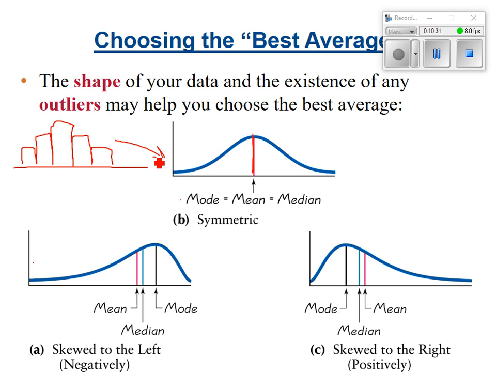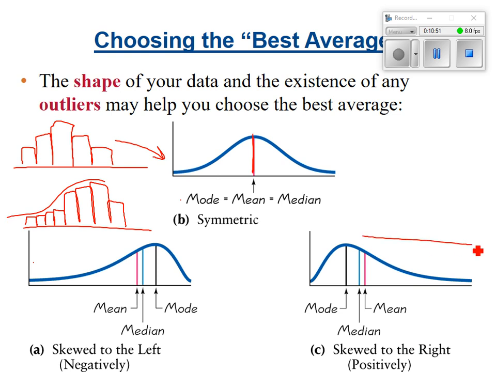For this one, a bar graph or a histogram would look something like this, where it's got that tail going down to the left. For this one, a bar graph or a histogram would look something like this, where it's got that tail going down to the right.